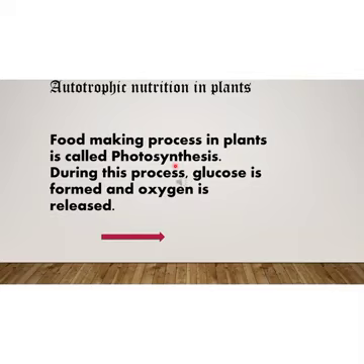So here in autotrophic nutrition, green plants make their own food and eat it. When the plant is making its own food, it is known as the photosynthesis process. We will learn the photosynthesis process further. During this process, glucose is formed and oxygen is released.